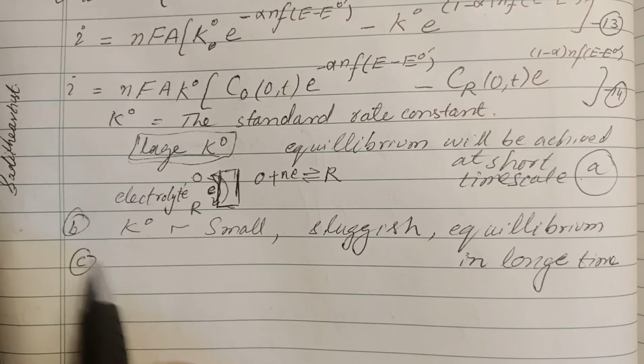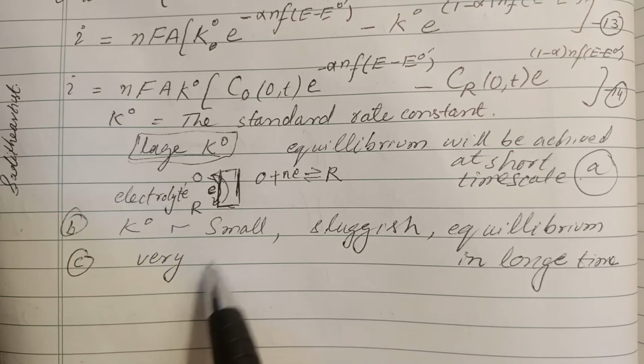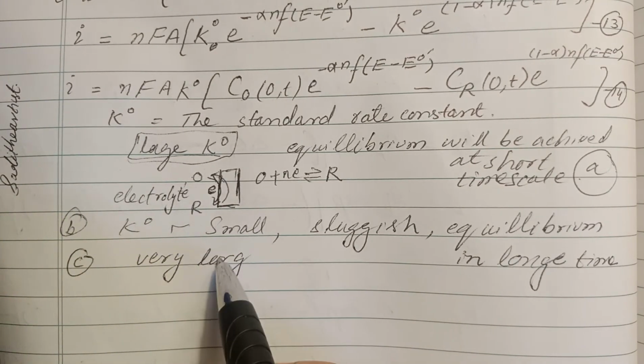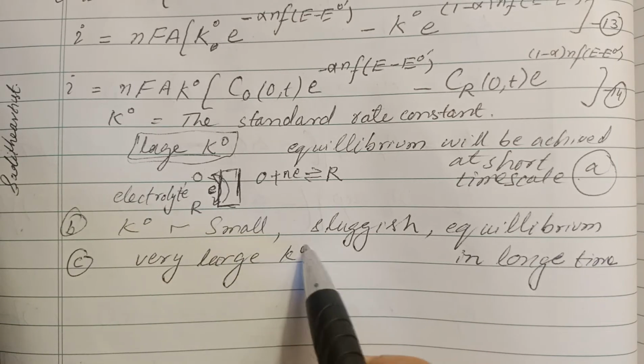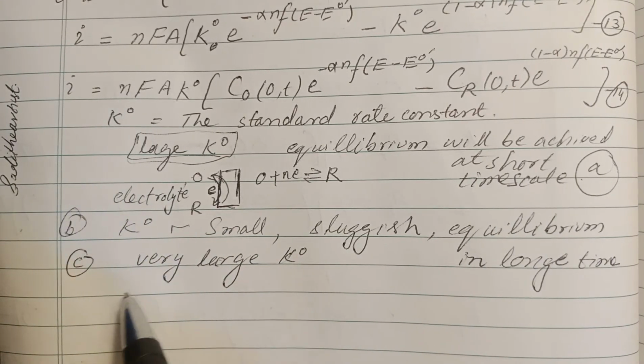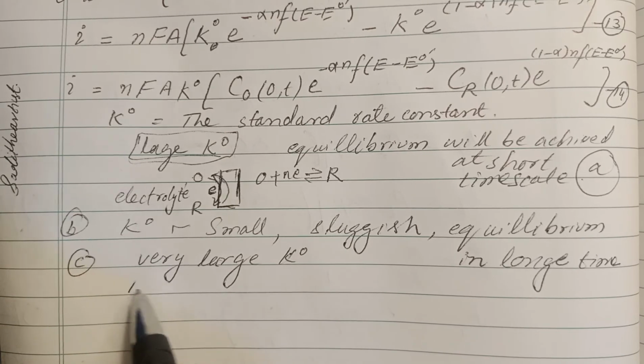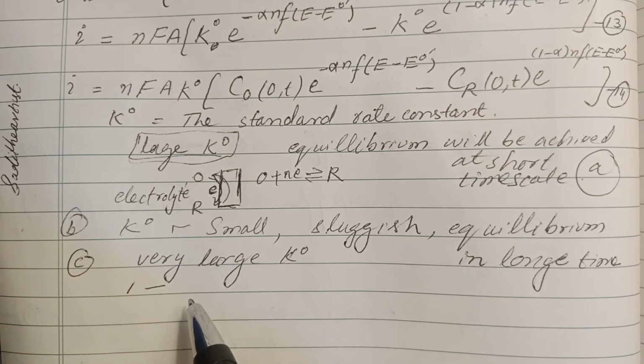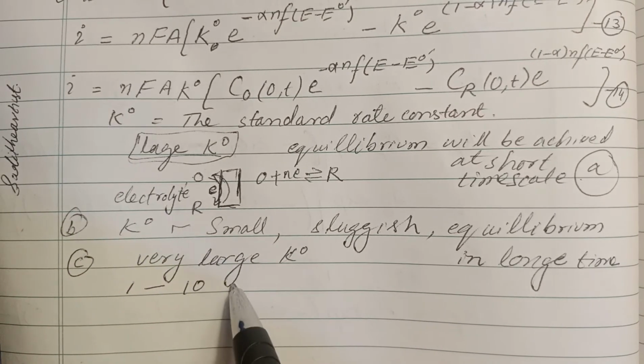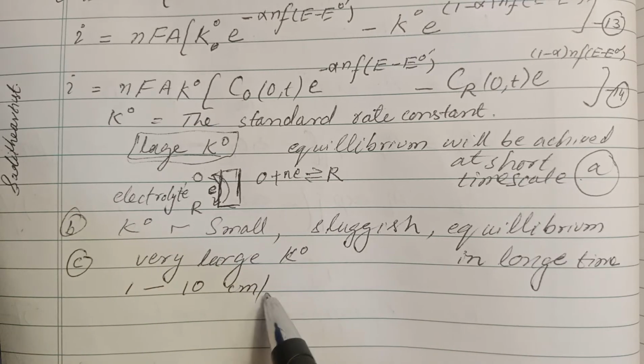Third condition is very large rate constants that could range from 1 to 10 centimeter per second.